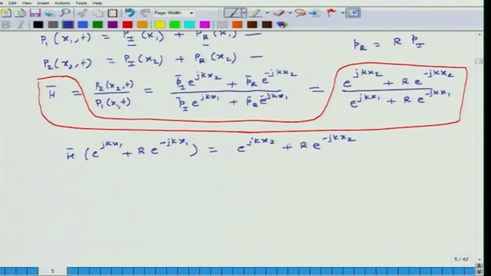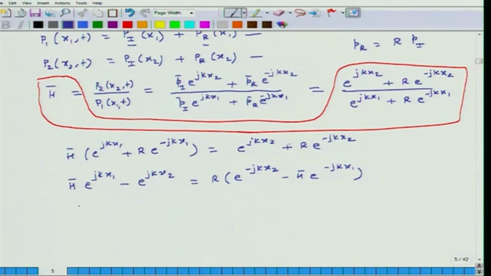Okay. So I am going to collect things related to r on one side. So what I get is h bar e^(jkx1) minus e^(jkx2) is equal to r e^(-jkx2) minus h bar e^(-jkx1), right?